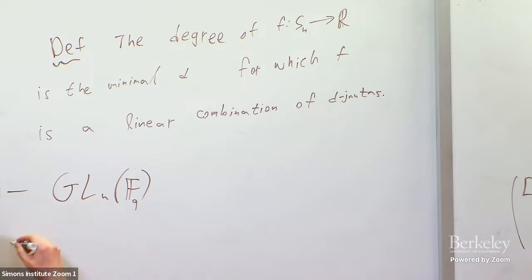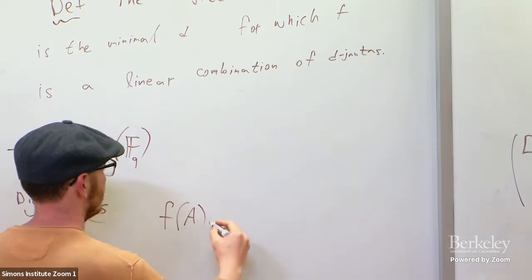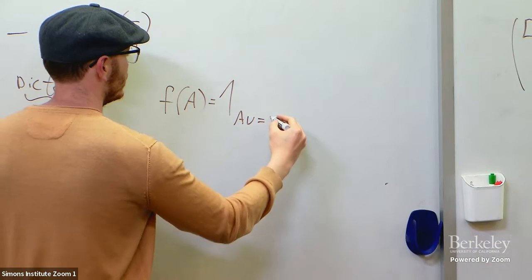Then we can talk about dictators. These are the functions of the form f_A, the indicator that A v is equal to u.